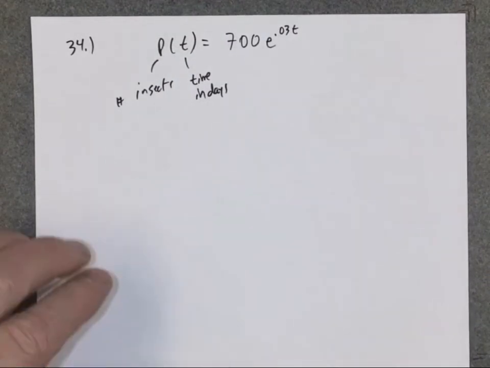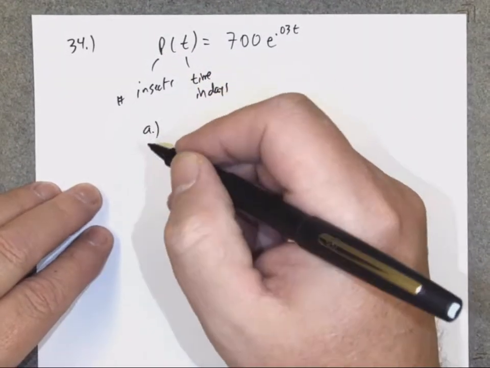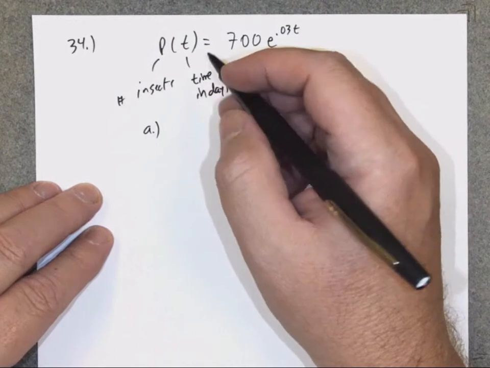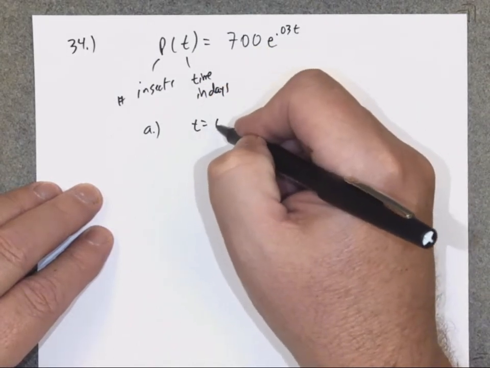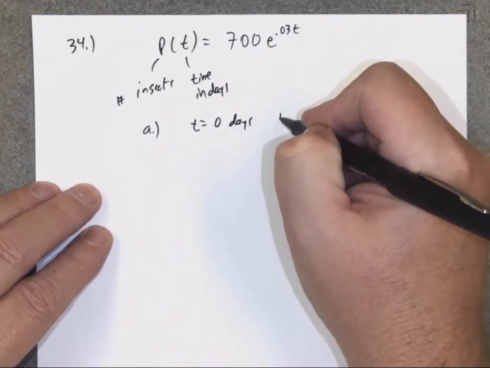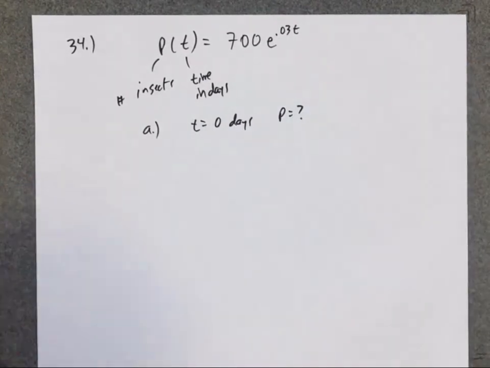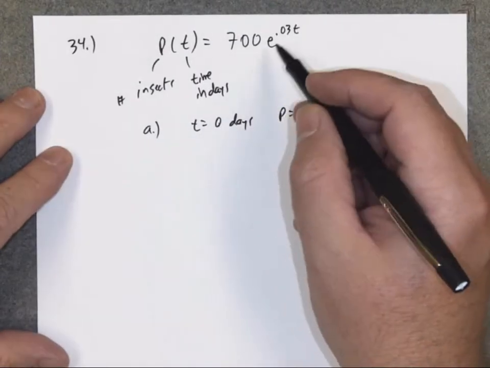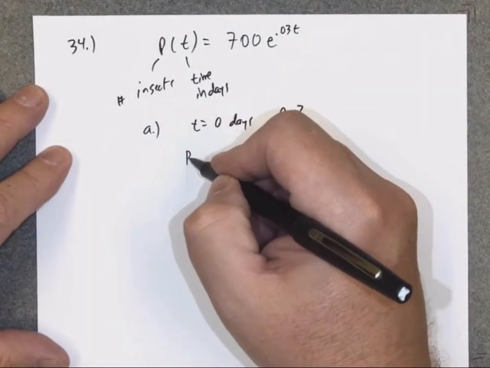So the first question, how many insects at time 0, 0 days? Put in 0 into your equation.